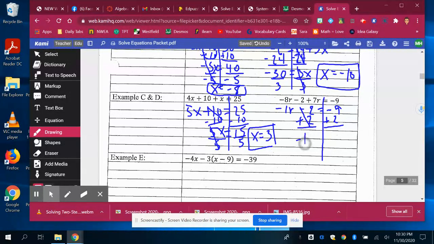I get a negative 1r equals negative 9 plus 2. I have different signs, and I have more negatives, so it's going to be negative. And because I have different signs, I'm going to subtract. 9 minus 2 is 7. Now I have to get rid of this negative 1 by dividing by negative 1. And I get r equals negative divided by negative is a positive 7.